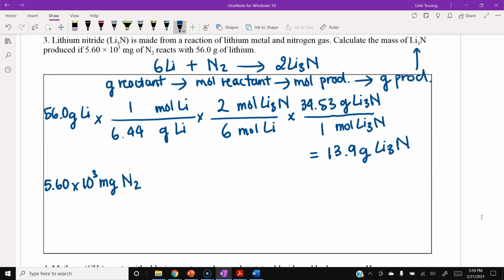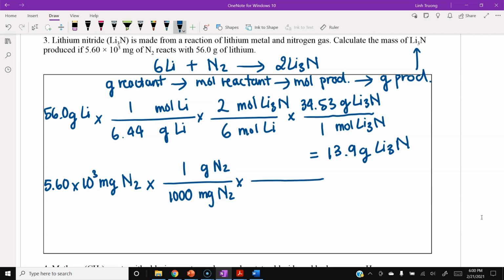Since milligram doesn't appear in our molar mass, we have to convert milligram to gram. I know that 1 gram is 1,000 milligram, or 10 to the third, whichever works. Now we have converted to gram.